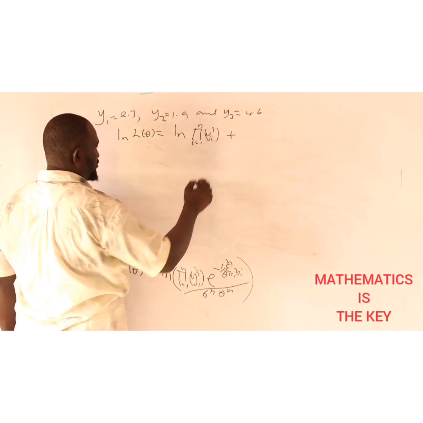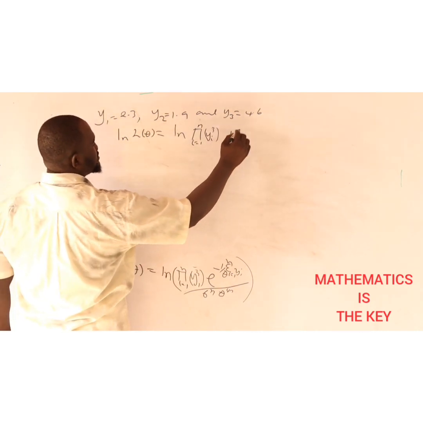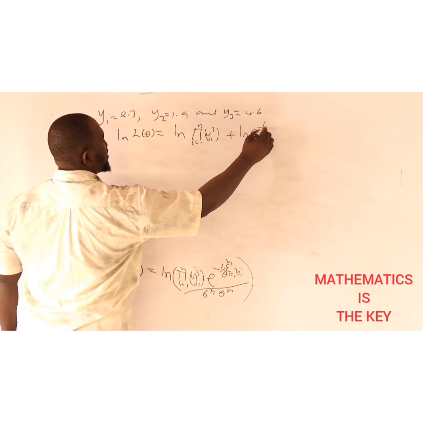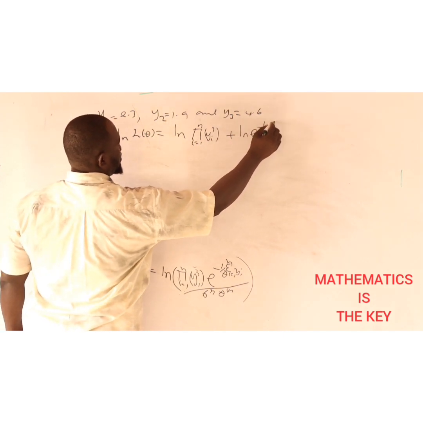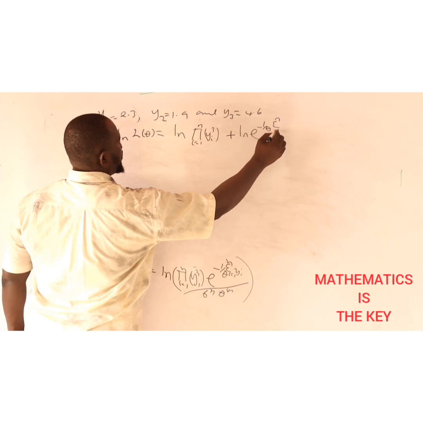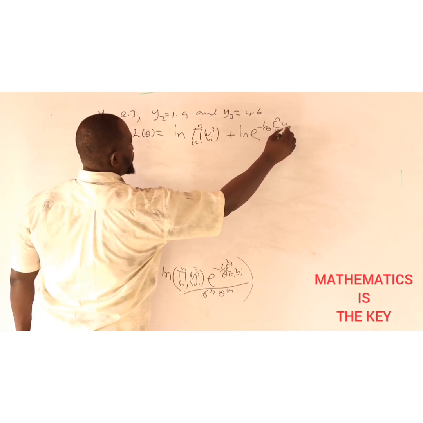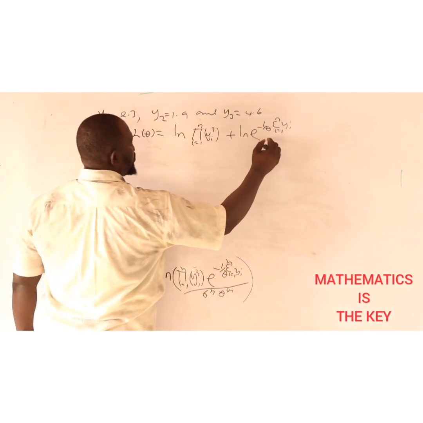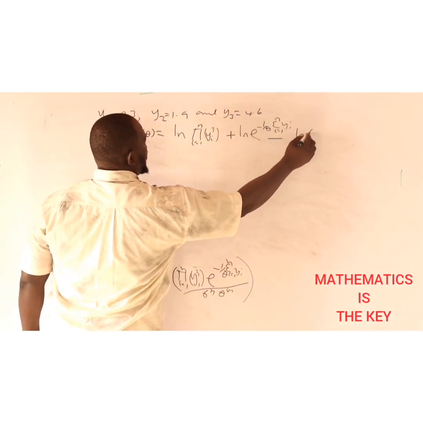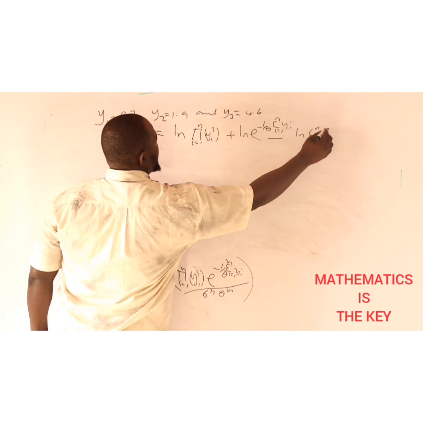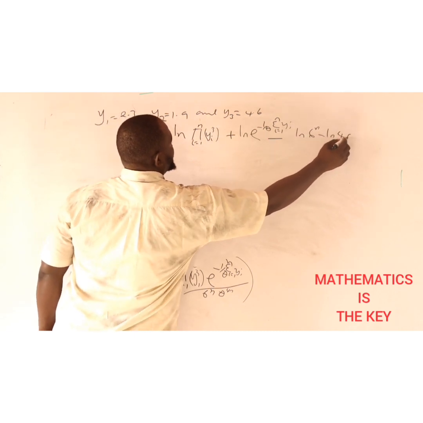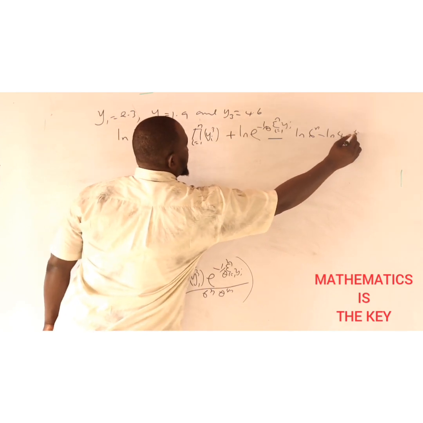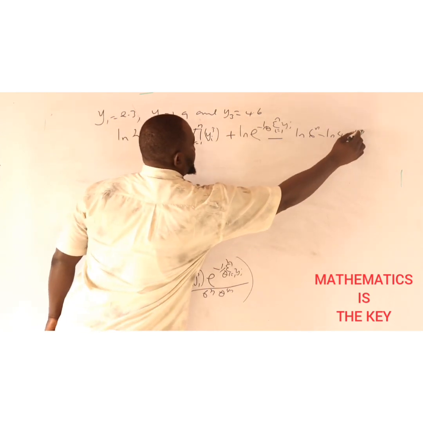Because they are multiplying each other, we have plus ln of exponential of minus 1 over theta summation to n of i equals 1 of yi. They are now dividing this product, so you have minus ln of 6 to the power of n minus ln of theta to the power of 4n.